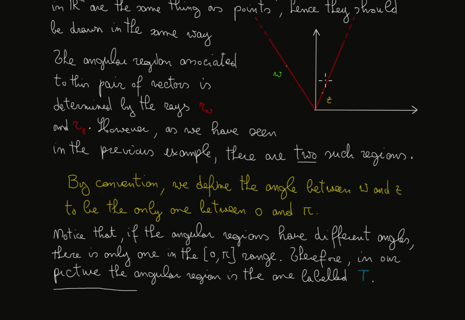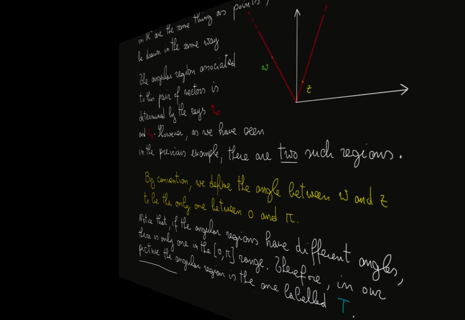Therefore, even in that extreme case, the angle is well defined. Notice that if the angular regions have different angles, there is only one in the 0 to pi range. Therefore, in our picture, the angular region is the one labeled T.